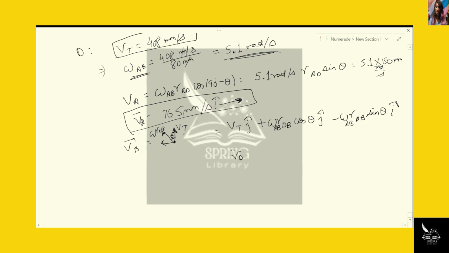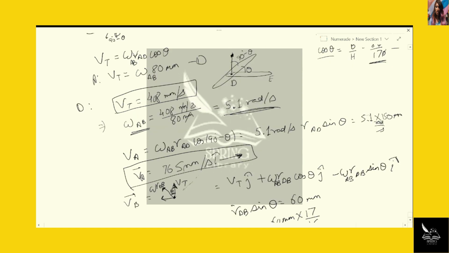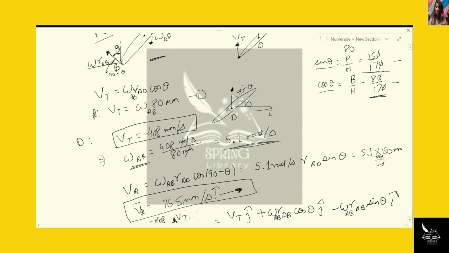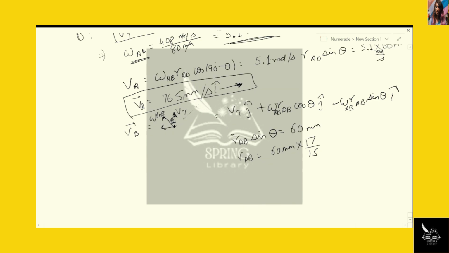We know that r dB sine theta is going to be 60 millimeters. So r dB will be 60 millimeters times 1 over sine theta, which will be 17 over 15, because sine theta was 15 over 17 here. 15 fours are 60, so this is 68 millimeters.